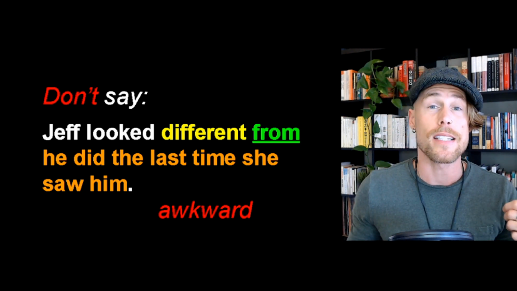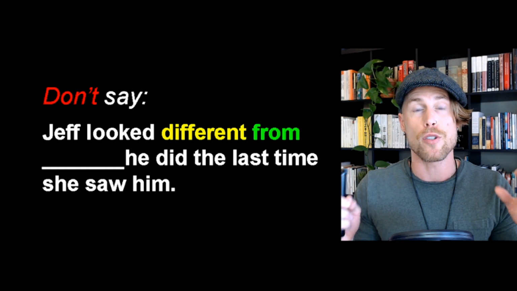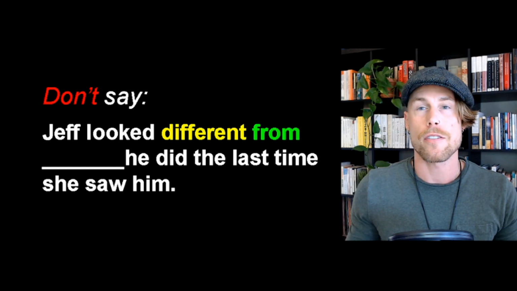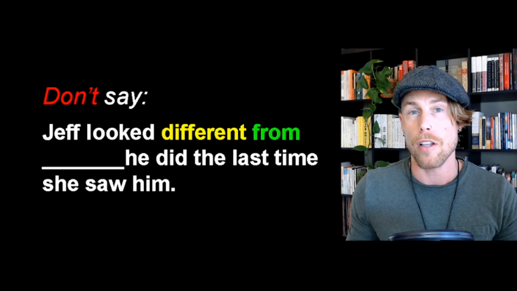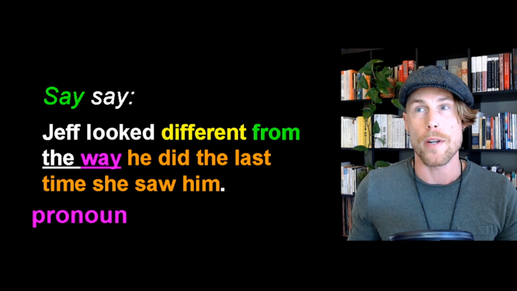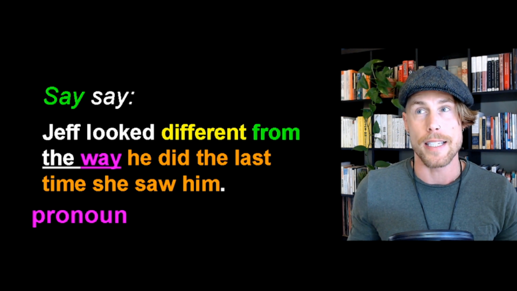So this is awkward. If I want to use from, I need to put something in between from and the clause. So what can I put in between from and the clause? I can use a noun or a pronoun. Jeff looked different from the way he did the last time she saw him.